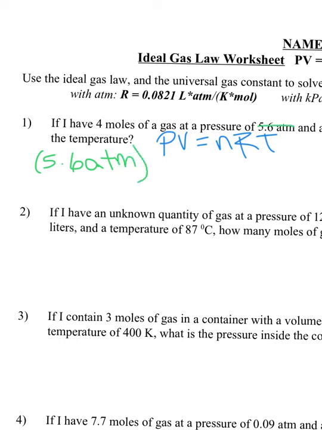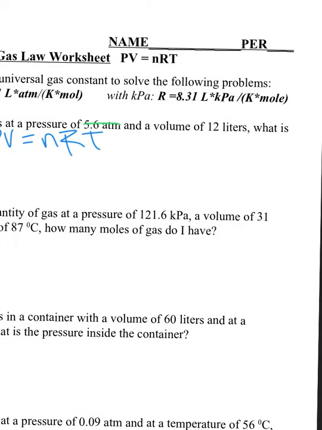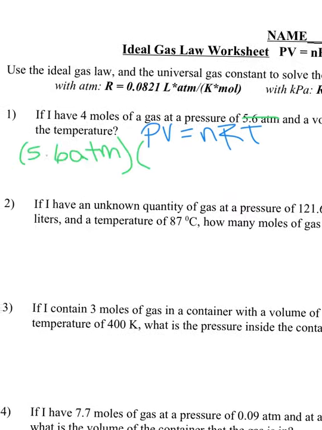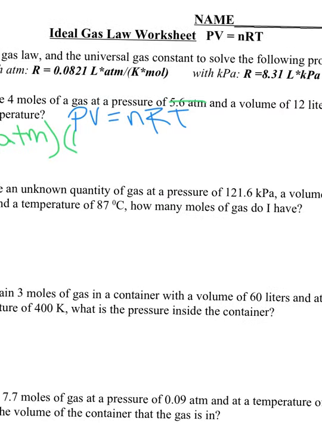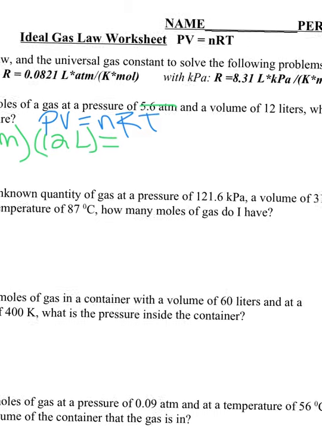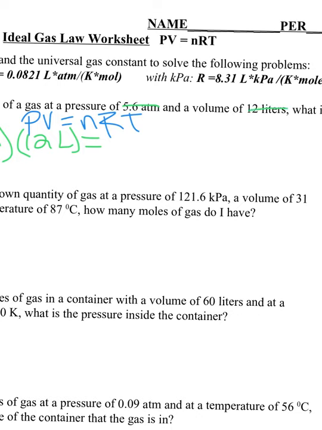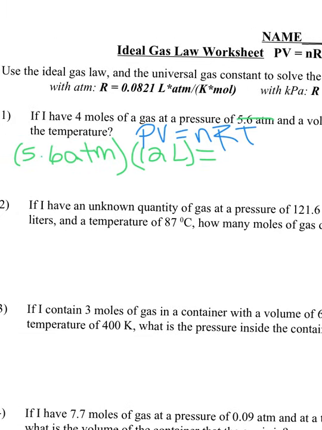We can cross that out. V is for volume. 12 liters. So for V, we're going to plug in 12 liters. That's our volume. We can cross that out. And then n stands for number of moles. 4 moles. I can cross that out.